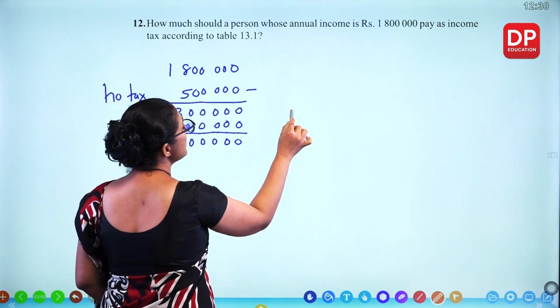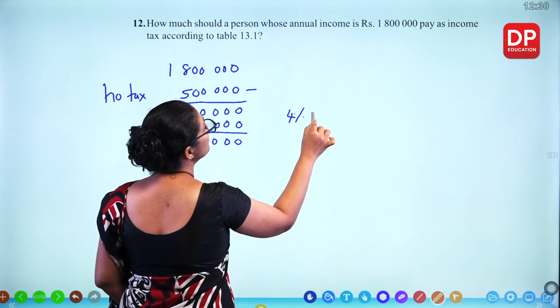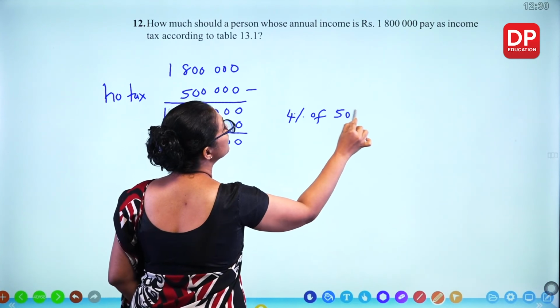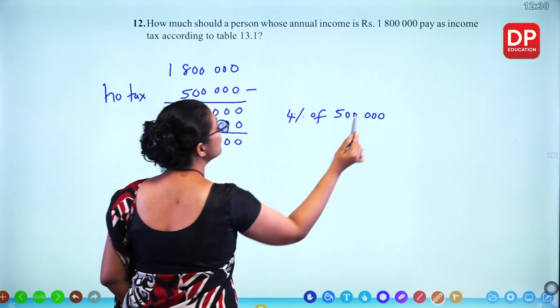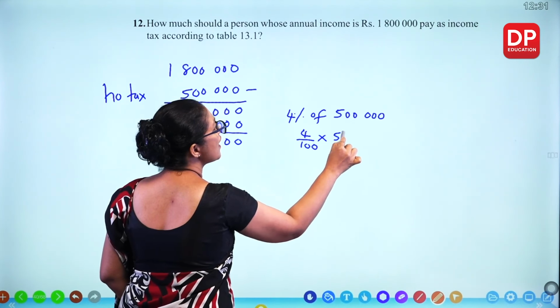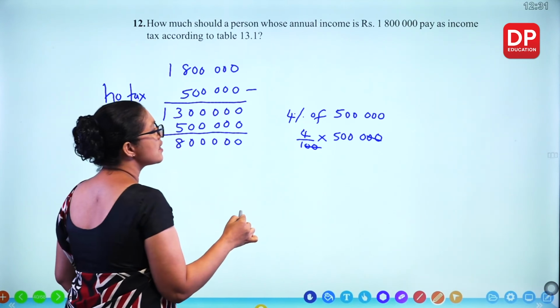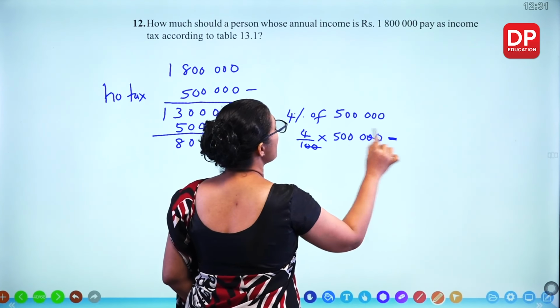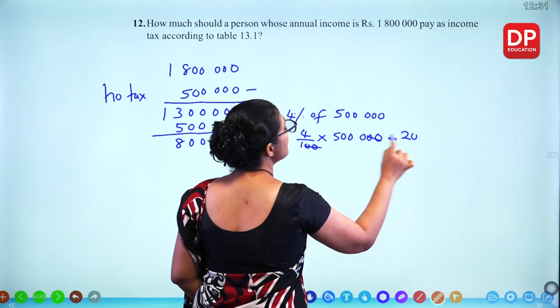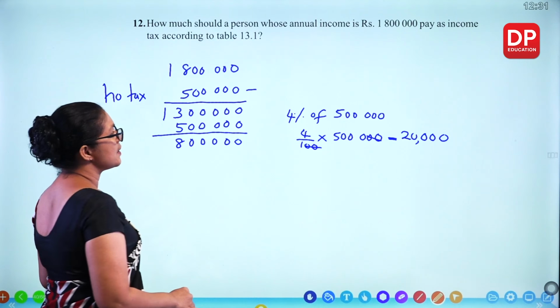So we'll calculate 4% of 500,000. So 4 into 500,000. 2 zeros get cancelled out. 4 times 5, 20, and 3 more zeros. So 20,000 rupees.